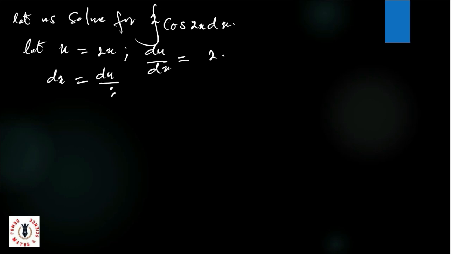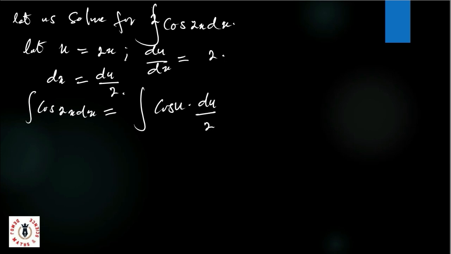In solving for that, I want to say let u be equal to 2x. So if u is equal to 2x, my du/dx will be the same thing as 2. So that dx from here will be the same thing as du over 2. I can easily substitute in here. So that the integral of cos 2x with respect to x will now look like the integral of cos u times du over 2.